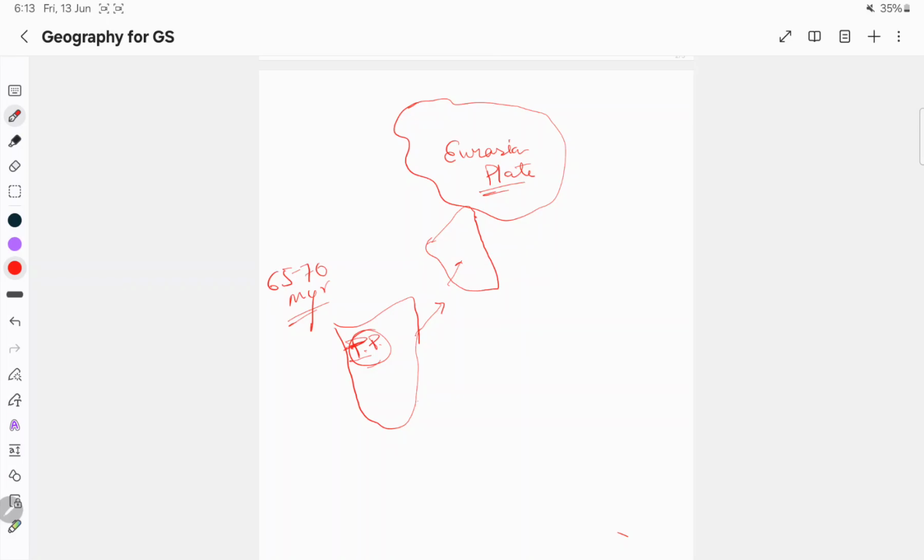If you know about accidents, the part in immediate touch with the other object is damaged the most, right? So these parts were damaged the most, hit the hardest, and went to the highest peak, that is the Greater Himalayas. Later with time, the impact reduced, and as the impact reduced, the height decreased. This is the Middle, this is Shivaliks, and then we have plains.